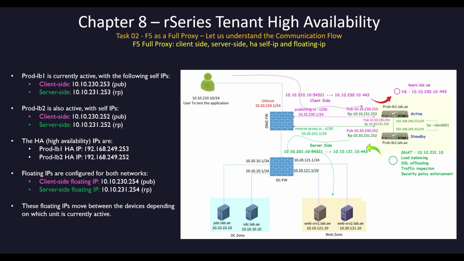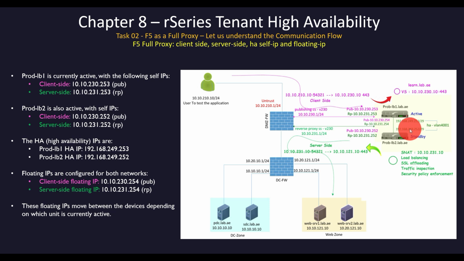Both the devices Prod LB1 and LB2 have dedicated HA self IP 192.168.249.253 on Prod LB1 and 192.168.249.252 on Prod LB2 used for failover and config sync.